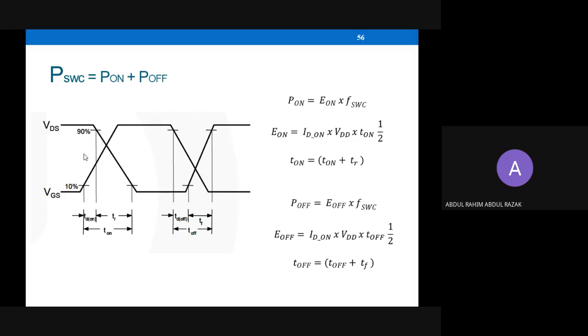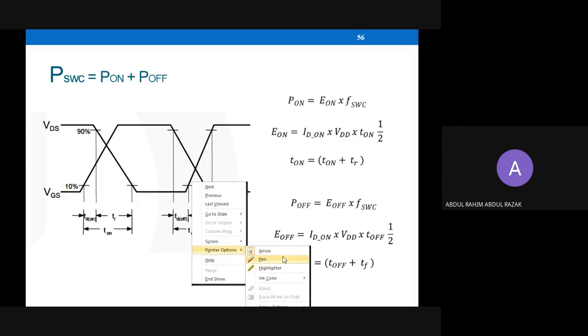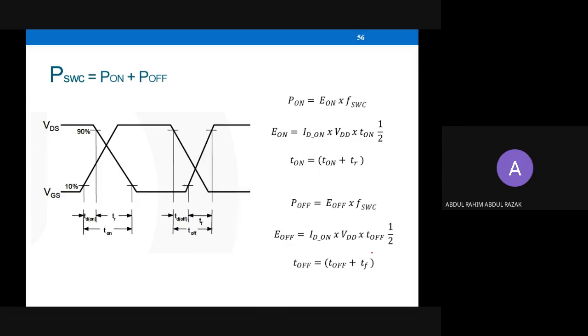When we switch on, the voltage across the switch will drop from VDS to 0. This happens on a fully controlled device as I mentioned before, a MOSFET or IGBT.